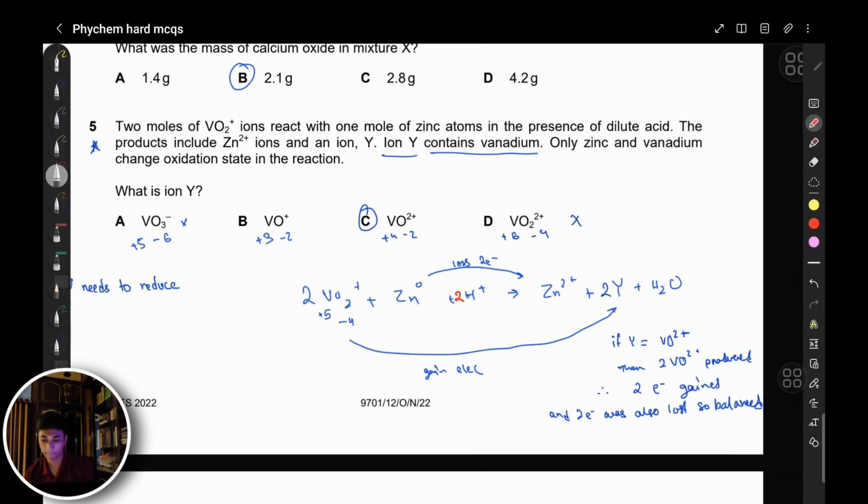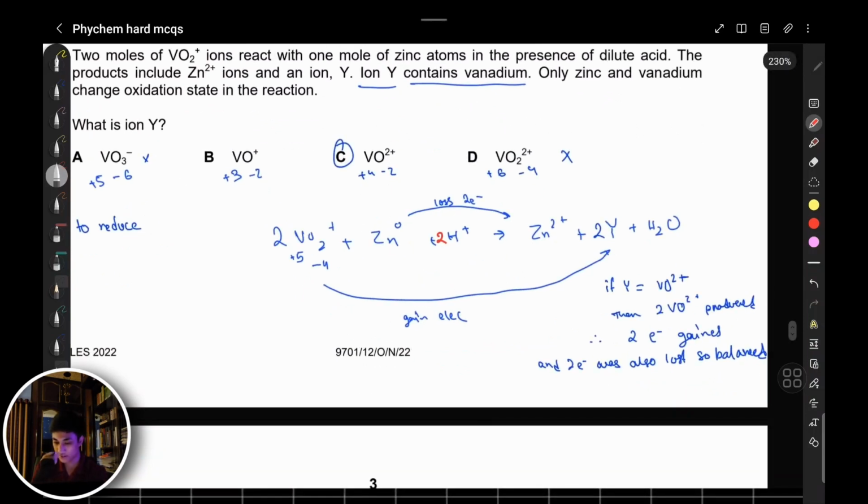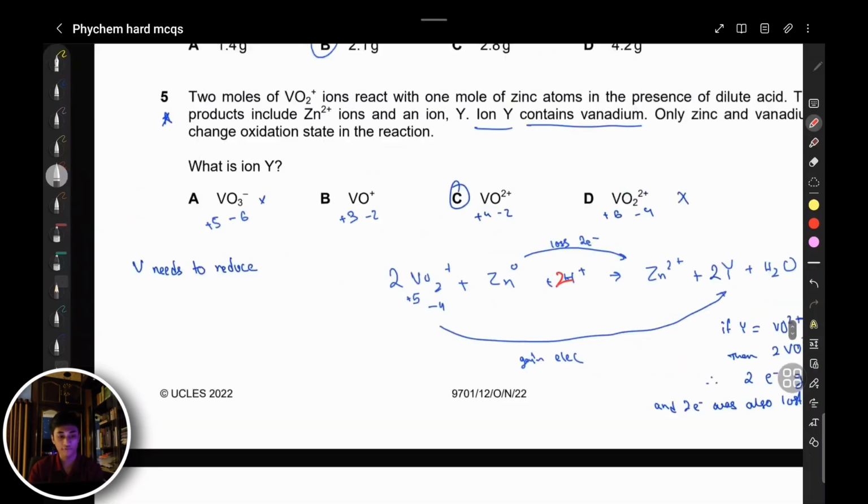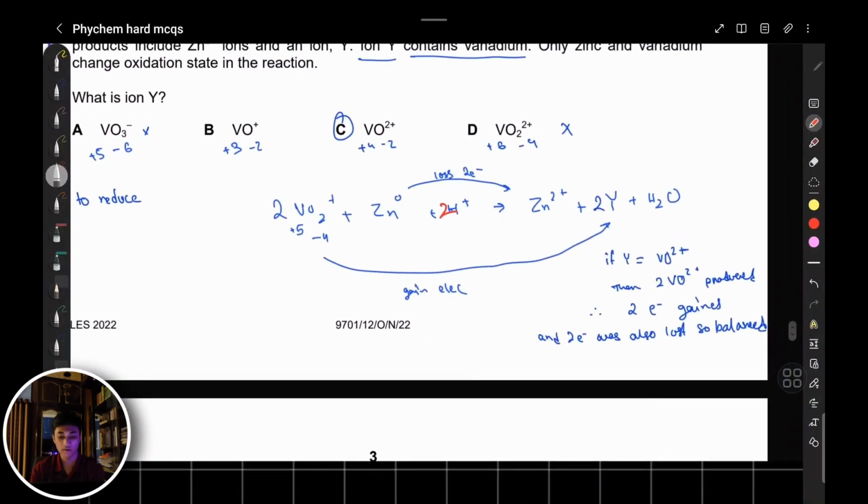So the first thing you're going to notice is zinc is losing 2 electrons. Zinc is losing how many electrons? 2 electrons. And those 2 electrons are going to be gained by another species. Which could that be? Vanadium oxide. Vanadium oxide has a charge of positive 1.